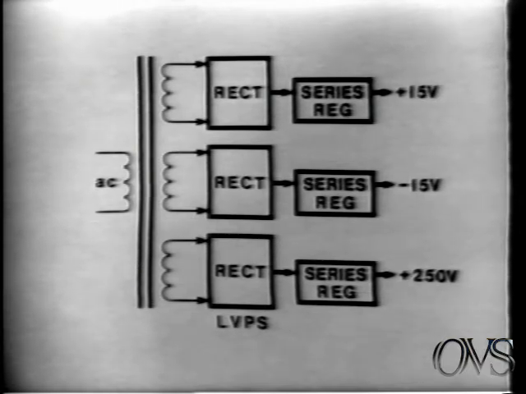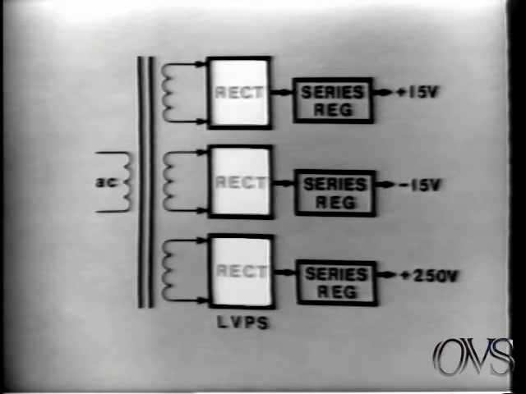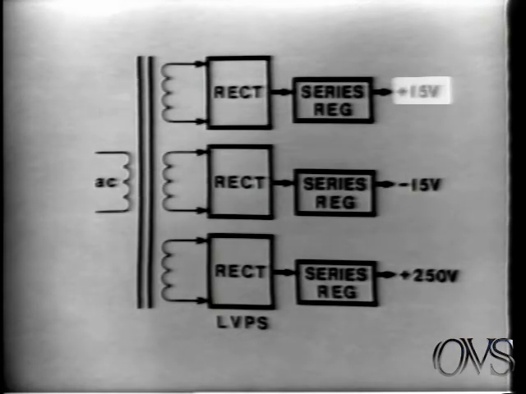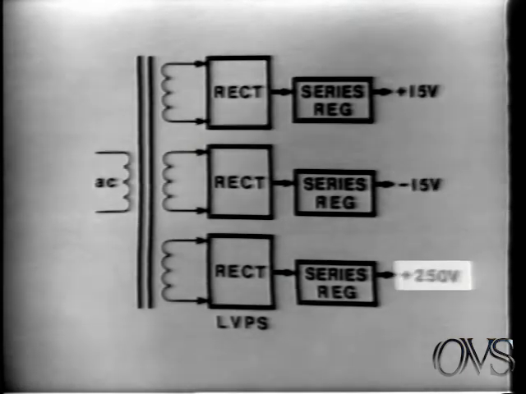The AC line voltage is stepped up, rectified, and applied to series regulating devices which maintain constant output levels regardless of line or load variations. The low voltage supply provides plus 15 volts, minus 15 volts, and plus 250 volts.